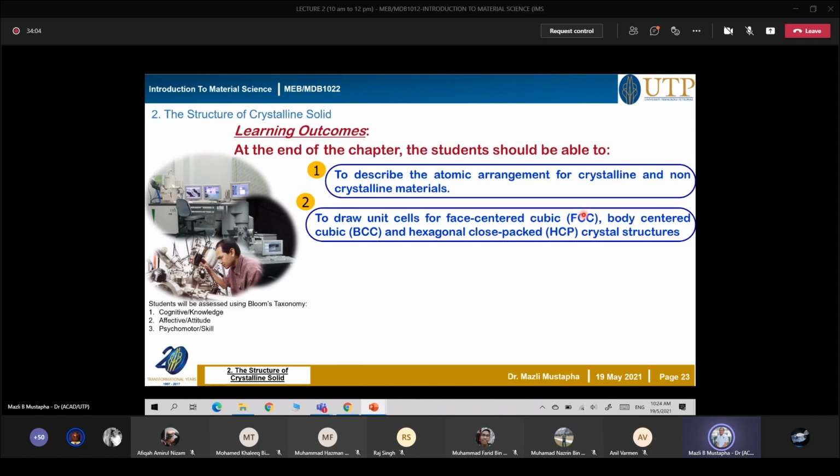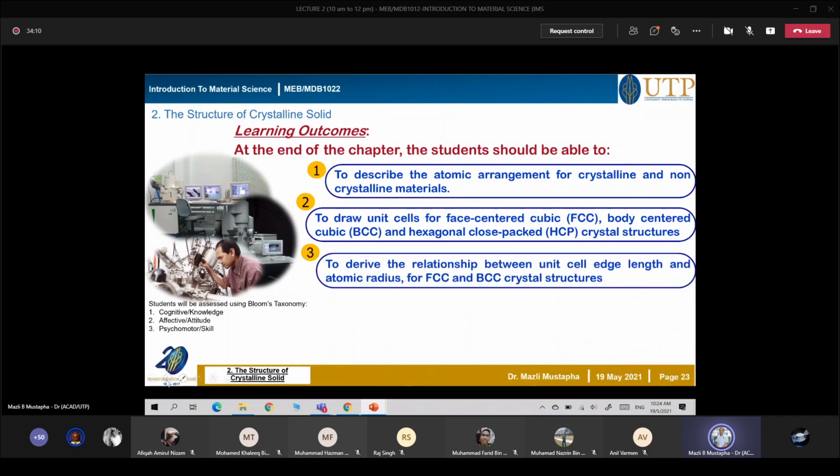We only cover face-centered cubic, body-centered cubic, and simple cubic. Then we want to find the relation between the unit cell edge length and the atomic radius for FCC, BCC, and SC as well. Simple cubic is very straightforward, just a straightforward relation.